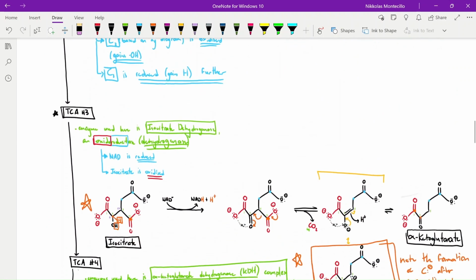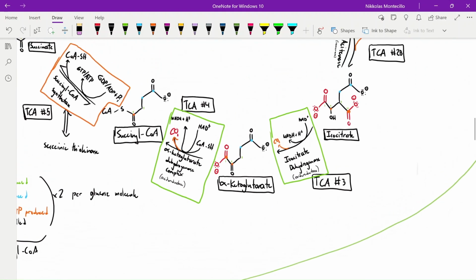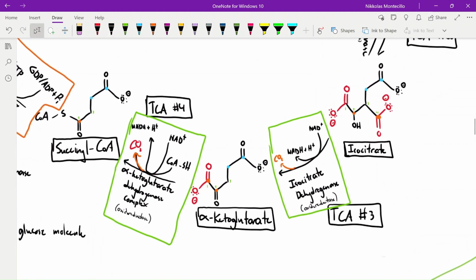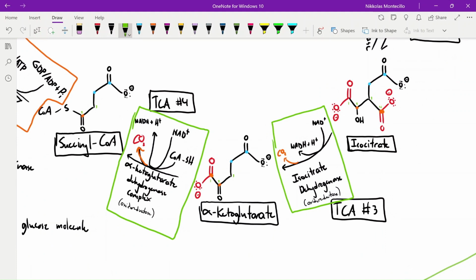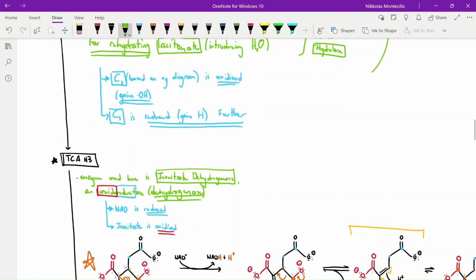Now for TCA number 3, we see that isocitrate dehydrogenase is an oxidoreductase, and in this case, isocitrate is being oxidized to reduce NAD to NADH, right? Now here's the mechanism that's shown below.